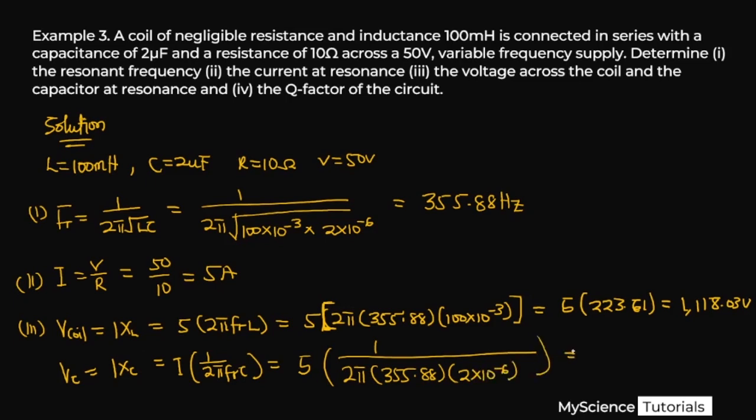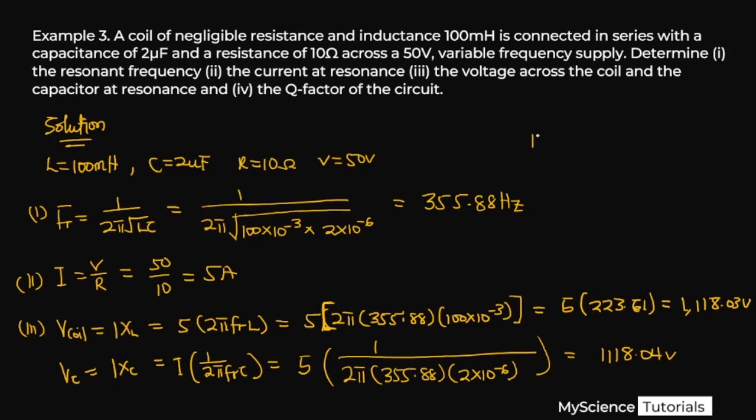Okay, so if we multiply everything we have over here, we're going to get 1118.04 volts. Okay, so we have our V coil and our VC over here. So that is the voltage across the coil and the capacitor.